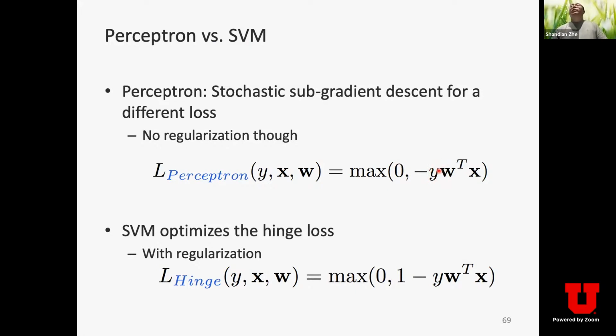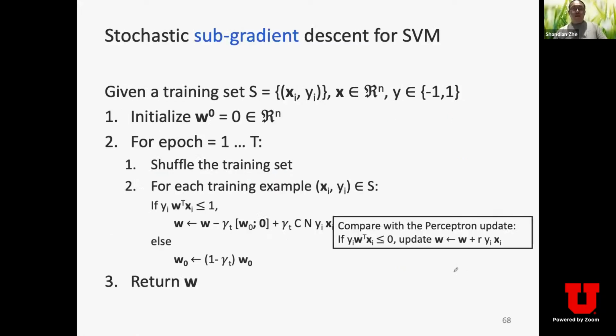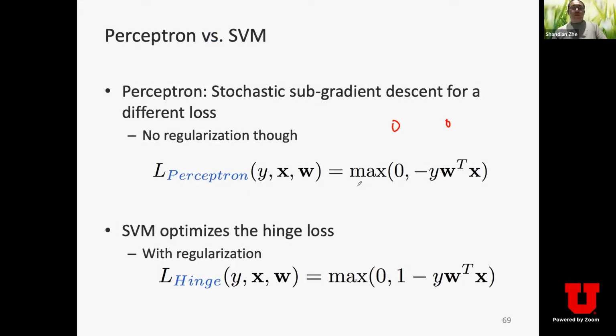If we compute the subgradient, when this max value is 0, then the subgradient is 0, and that means the perceptron doesn't make any update. And when is this max function 0?